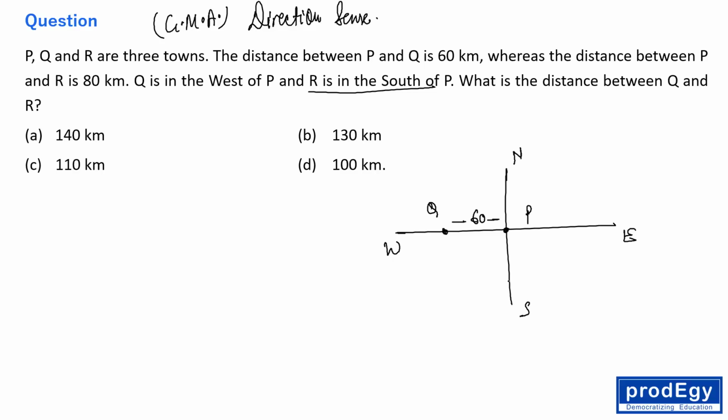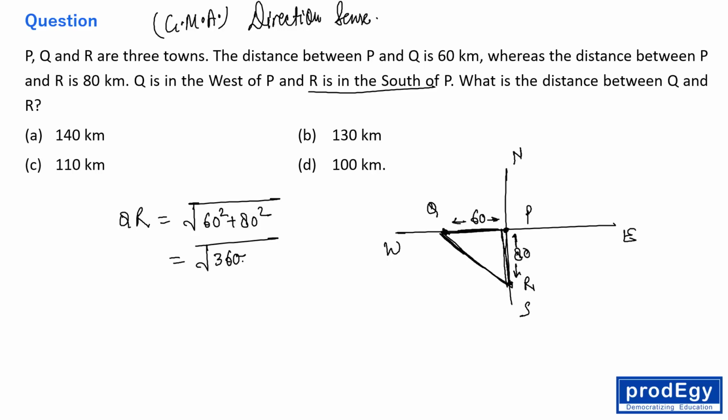And R is in the south of P, so this is 80, R. What they are asking is the distance between Q and R. Obviously this is a right angled triangle. So using Pythagoras theorem, QR is the square root of 60 square plus 80 square, so 3600 plus 6400.